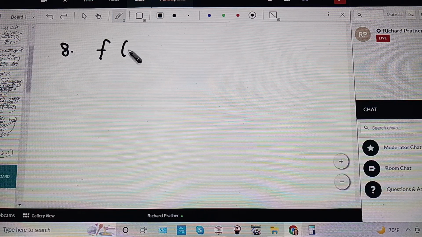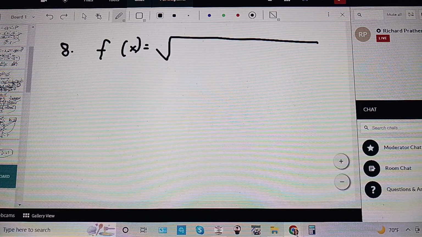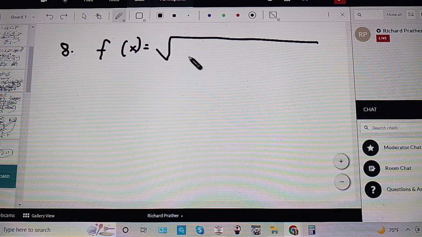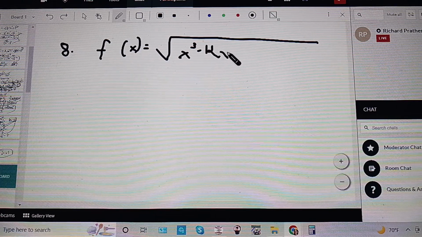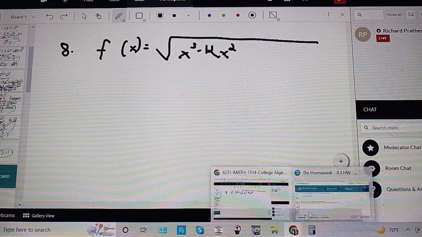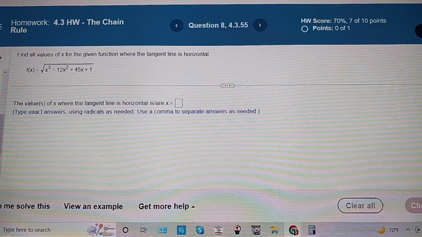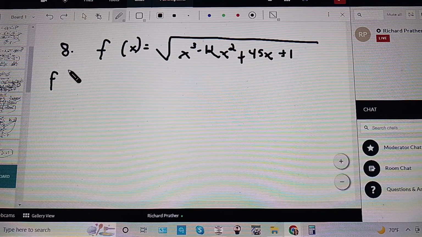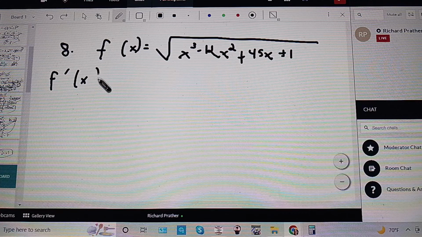So the original function is a big messy square root of x cubed minus 12x squared plus 45x plus 1. So if I want anything to do with tangent lines, we're definitely doing derivatives.